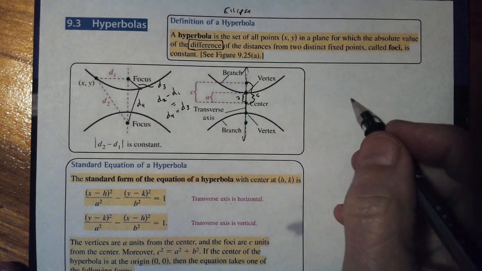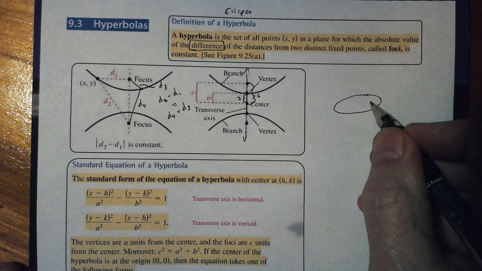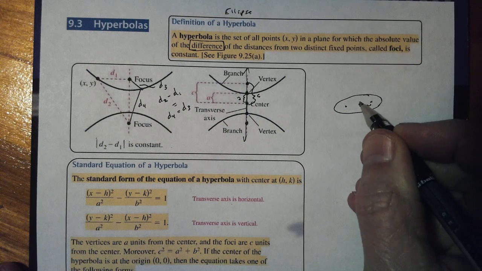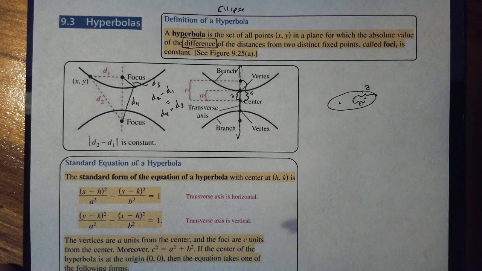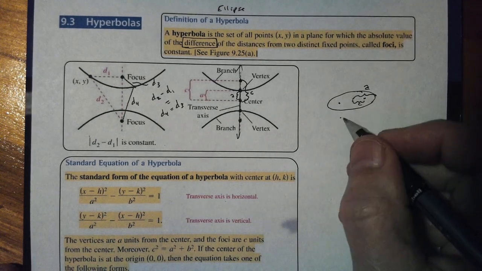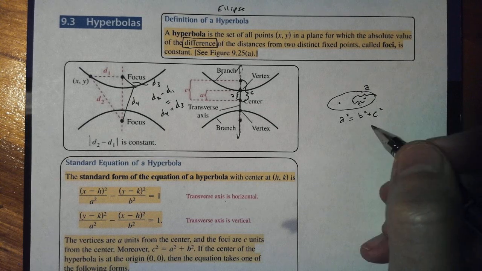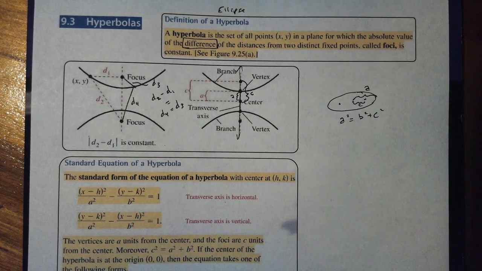So in an ellipse, the value of C, the distance to the focus, was shorter than the value of A. And you might remember in an ellipse, we knew that A squared equals B squared plus C squared. And that's because A was the biggest, but A is no longer the biggest. And we'll come back, we'll talk about that.